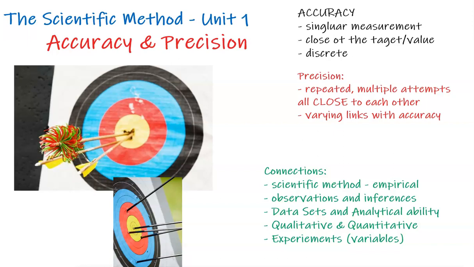Then link it into how students observe the natural world in earth science, and how they make inferences based on those observations, and how those inferences can affect the outcome and the data.